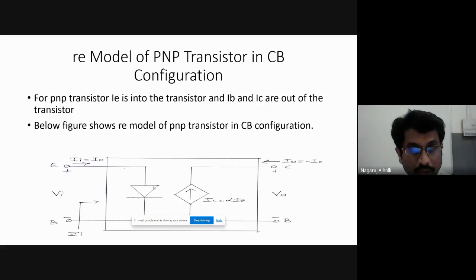Now, what about the output impedance? The output impedance is also the same. It is high, and the input impedance is low. Then the voltage gain formula.